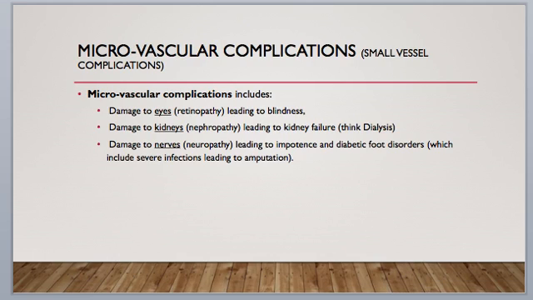Damage to the kidneys, known as nephropathy, which is a leading cause of kidney failure. Think dialysis. And damage to the nerves, known as neuropathy, leading to impotence, diabetic foot disorders, amputation, severe infections, and other debilitating effects on your limbs.